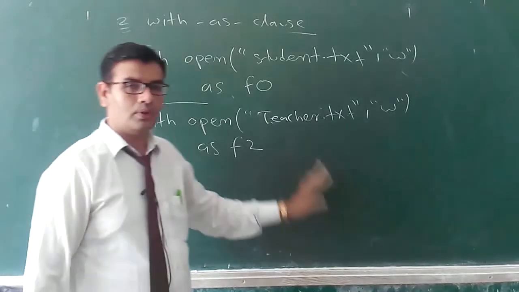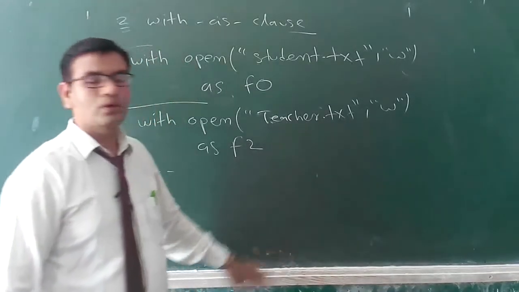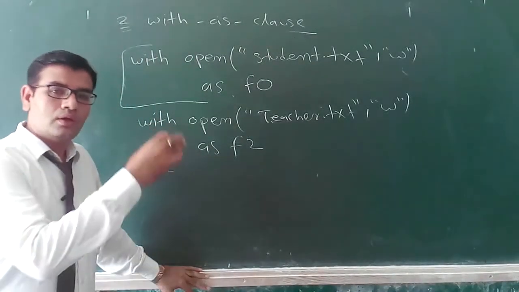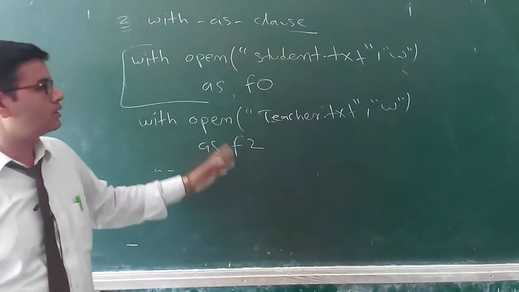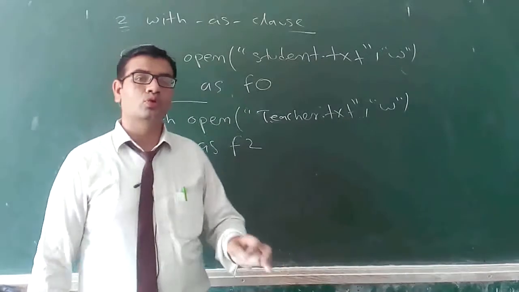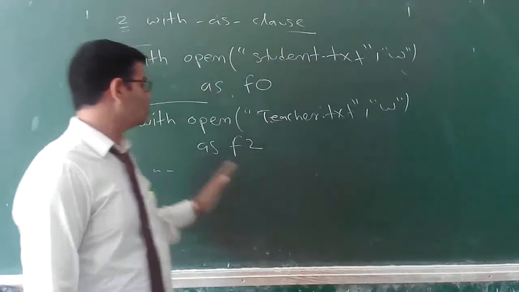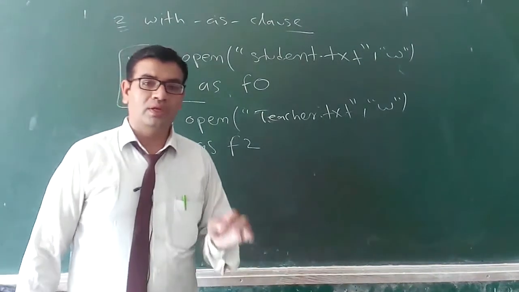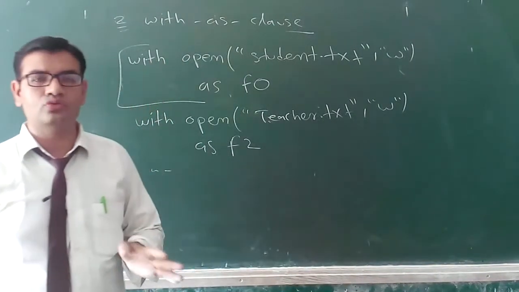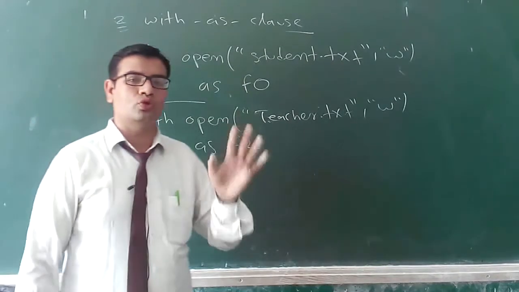The next line of programming code can be written for the next file. In this way you can open any number of files, and these opened files will be closed automatically according to with as clause. This is the major difference between with as clause and the file closing operation.